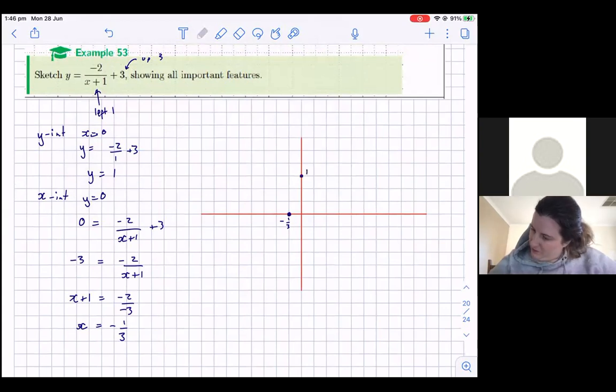Let's put in our asymptote. Our asymptote is obviously x cannot equal -1. And our horizontal asymptote, y cannot equal 3, because -2 over x plus 1 is never going to come out as 0.